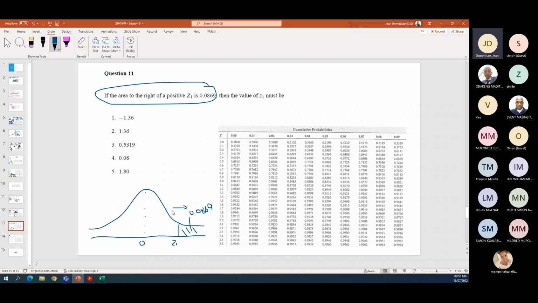Okay, so they're giving me that. Then they ask, what is that value? So we know it needs to be a positive value.